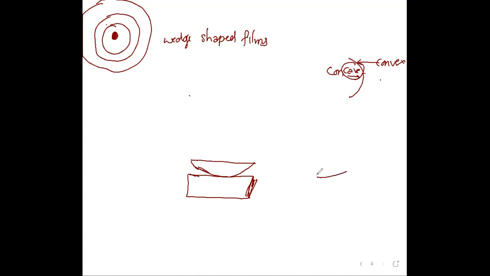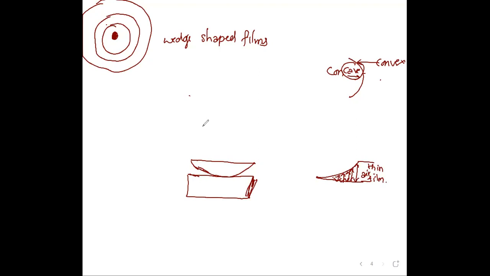There will be a gap between the upper surface and the lower surface, so it will look like this. That gap is filled by air. Therefore we call this gap a thin air film. Is it clear? So a thin air film is formed here.